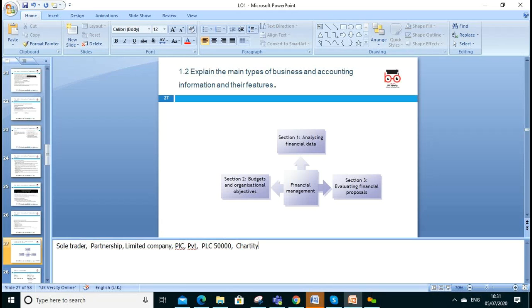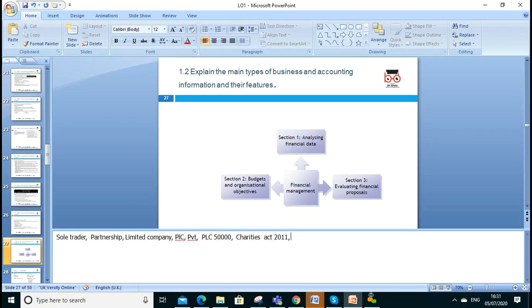And another is a charity. We have the Charities Act 2011, and charities should register with the Charity Commission. But charity is a very good business nowadays. Every charity chairman has a big house and big cars.